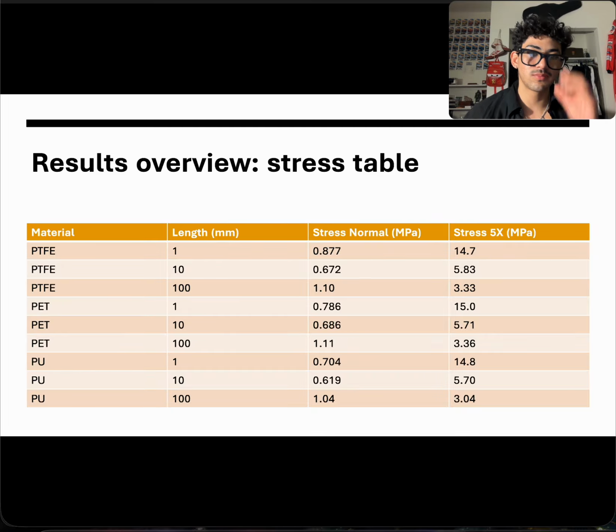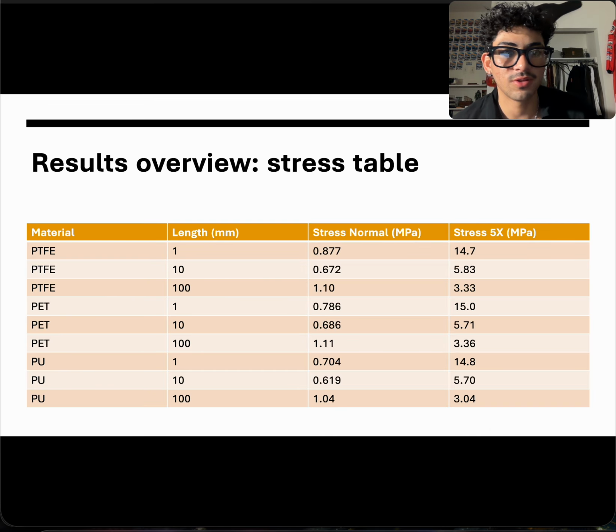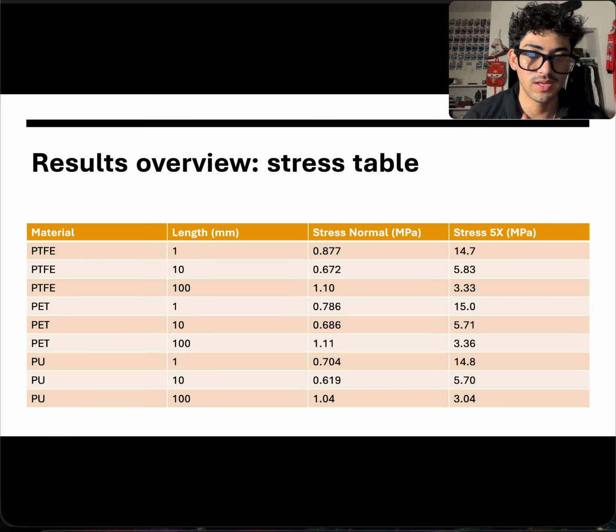So this table summarizes the peak wall stress for every design under normal flow. Stresses were all below about 1.1 megapascals, indicating all three materials operate safely at baseline regardless of the length. However, under 5 times the flow, stresses increased dramatically as expected. The most important pattern is length driven.